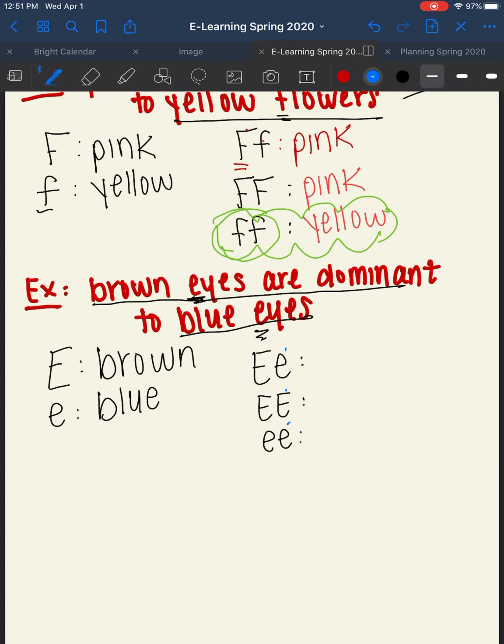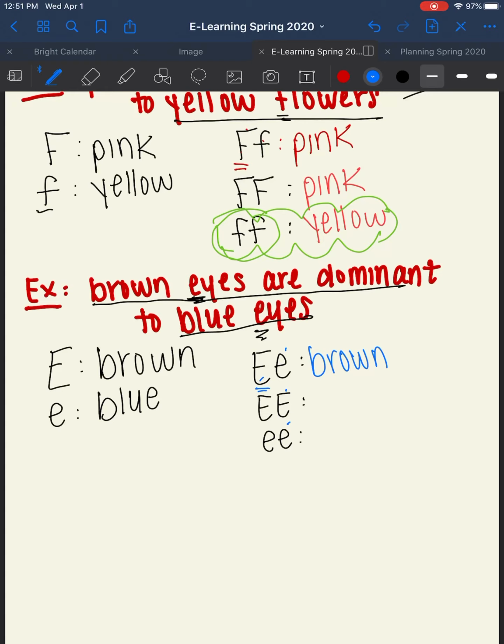The first one is heterozygous. Since there is a capital letter present, all you need is one dominant allele and the dominant trait will be expressed. So since it has that capital E, this individual is going to have brown eyes.